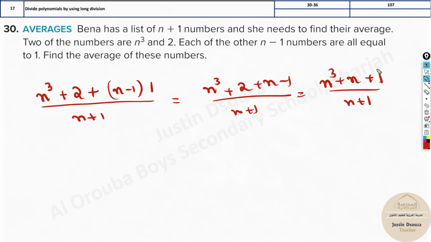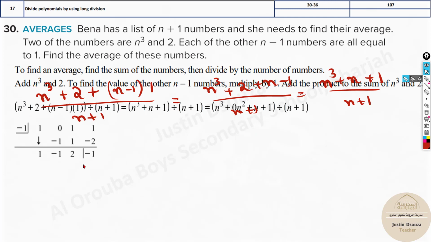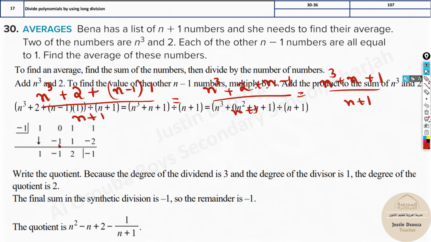How can we find it? We can do the long division method. Now in this particular question, they have done synthetic division over here. See, you can see this n cube plus 0 n square, n square is not there, plus n plus 1 divided by n plus 1. If you divide, they have done synthetic division. That is fine. We just have to find the quotient over here.